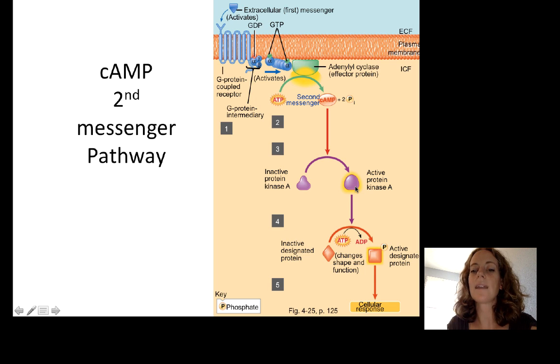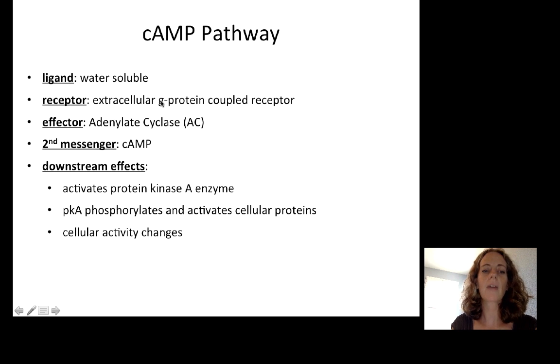For example, it can activate something called protein kinase A, and a kinase is an enzyme that can phosphorylate or activate by adding a phosphate bond to many other proteins within the cell. So let's go back then to this general pathway.